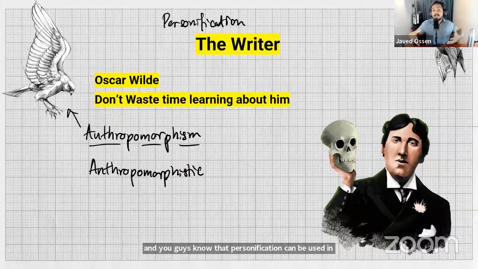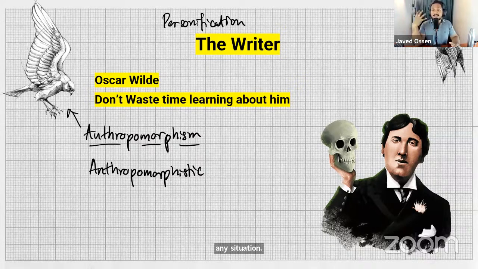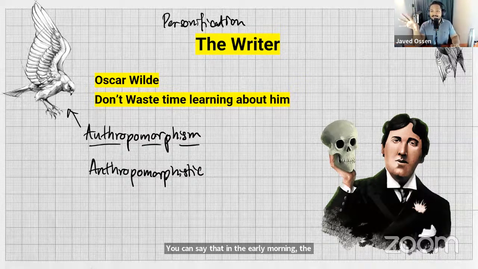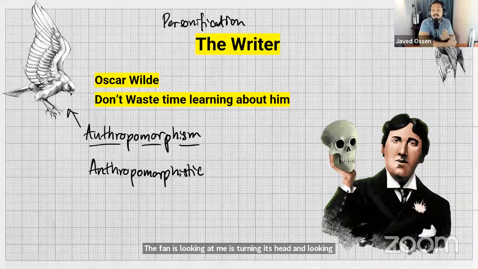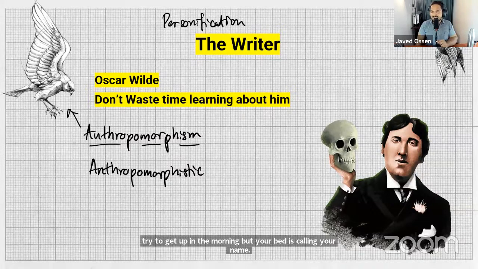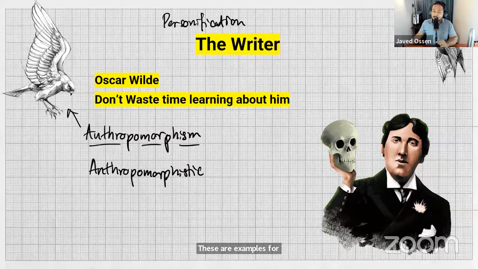You can say that in the early morning, the fan is turning its head and looking at me, right? You can say that the bed sheet is hugging you in the early morning. You try to get up in the morning, but your bed is calling your name. These are examples for personification, giving human qualities to a non-human thing.